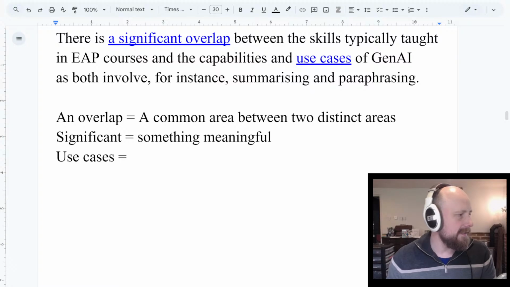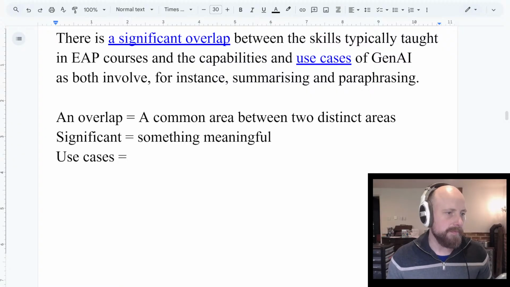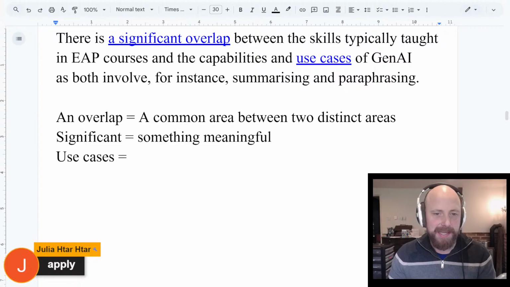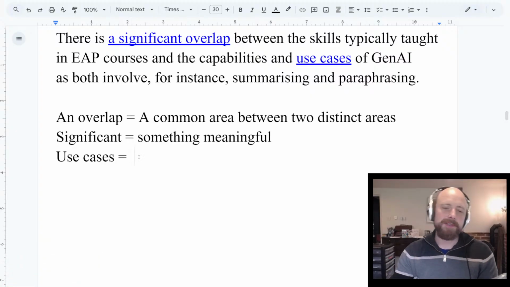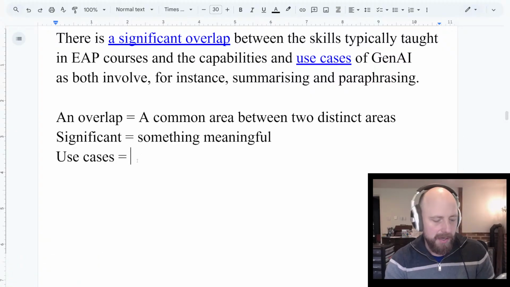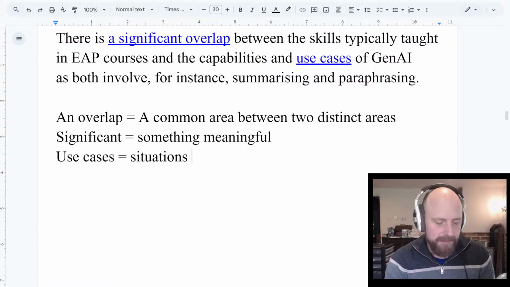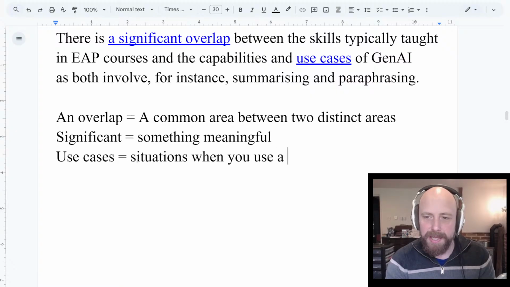It's quite a technical term, this. Use cases. It is related to applications, Julia. Well done.